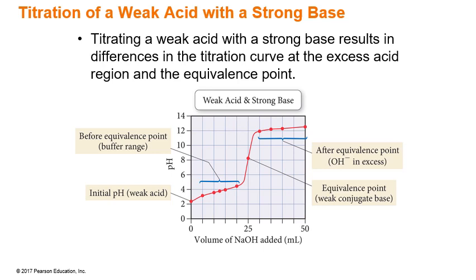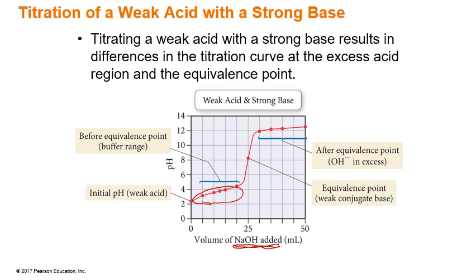Our initial pH, again, is going to be below 7 because we have a weak acid. We're titrating with a strong base because the sodium hydroxide is being added. We are going to reach a point where we have a buffering region of the weak acid with its conjugate base.